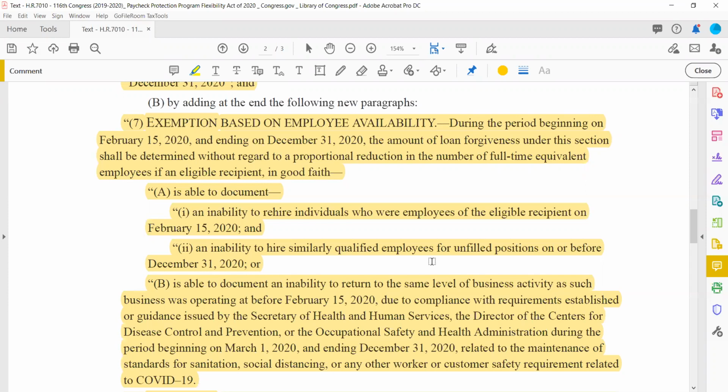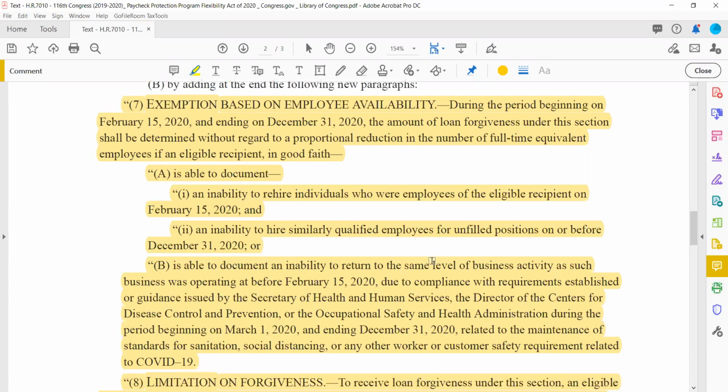Basically it says if in good faith the business owner, and again, is able to document, was going out and rehiring those individuals and couldn't, maybe they didn't want to come back, or also went out and tried to replace them because they didn't come back with similarly qualified employees and couldn't.